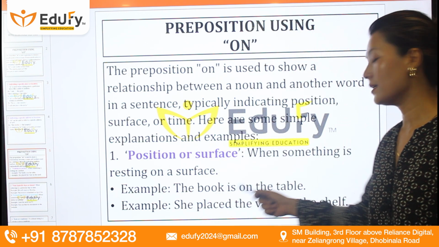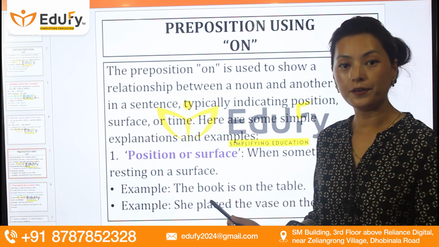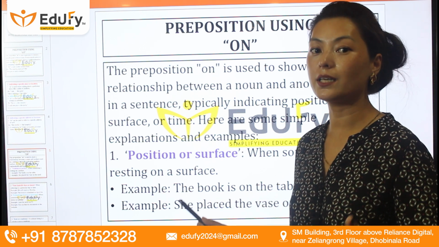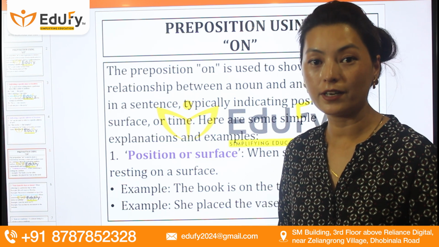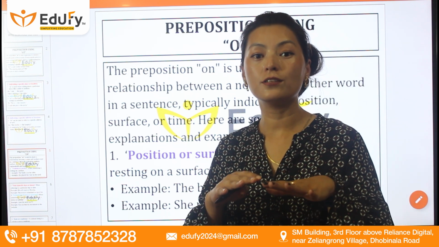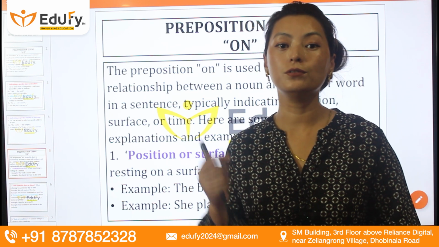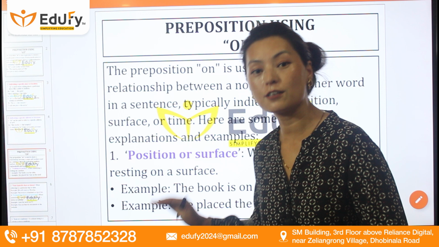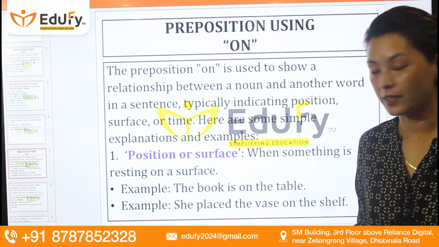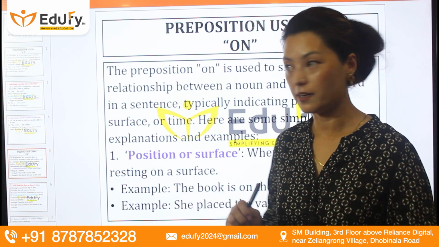Again, she placed the vase on the shelf. Why? Because we can never place a vase inside the shelf, right? So what we do is we tend to keep it on the surface of a shelf. So basically, when we use the word on, it is pointing towards the surface of an area, and therefore we can use the preposition on in those scenarios.